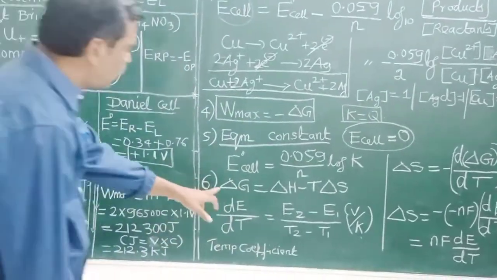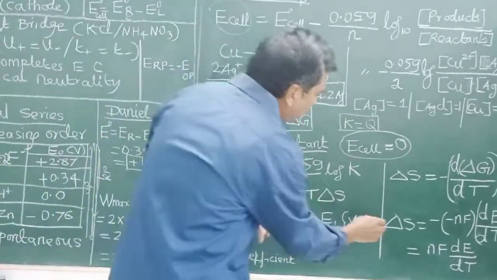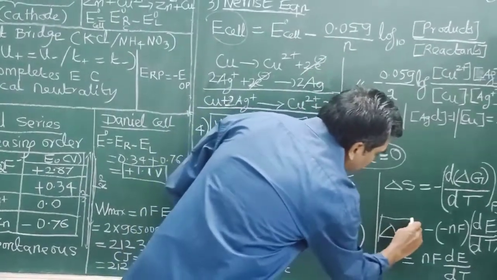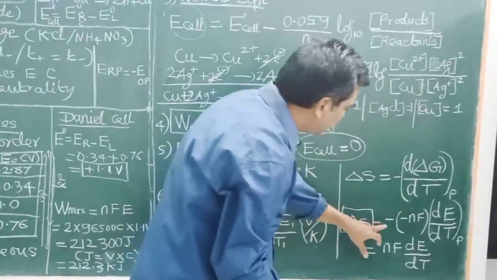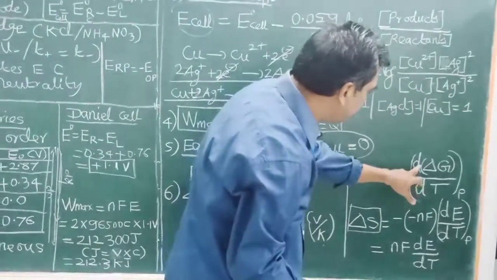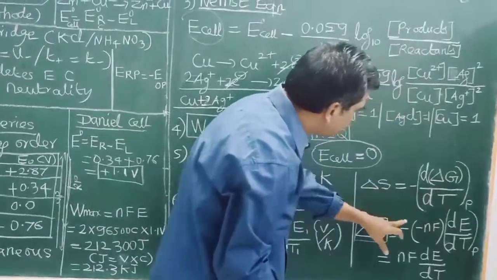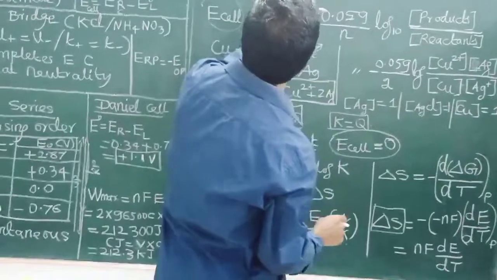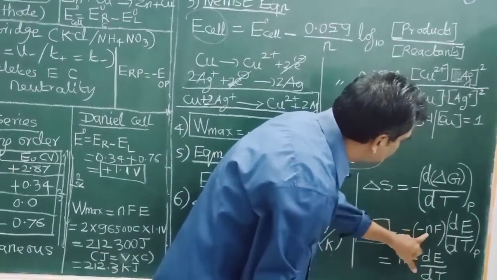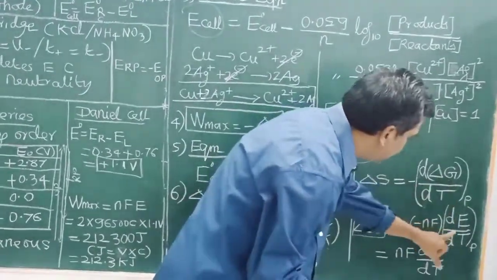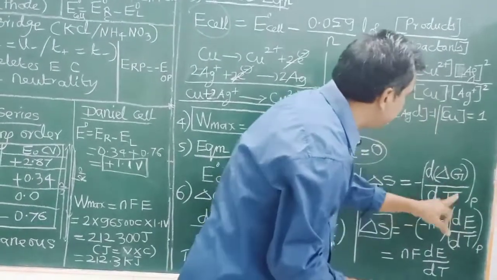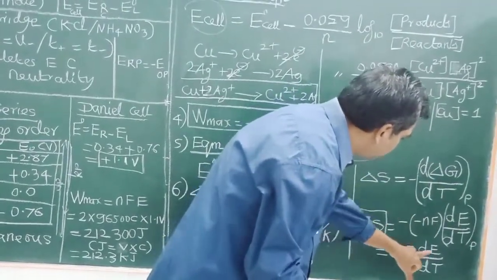For example, delta S according to thermodynamics equals minus d delta G by dT. Here delta G equals minus nFE. If you put minus nFE, you will get delta S equal to nF dE by dT.